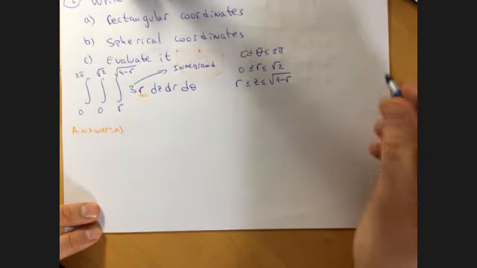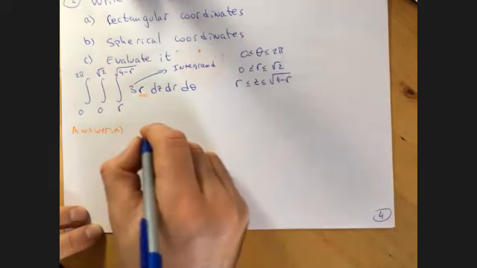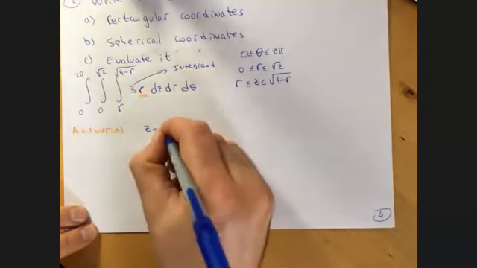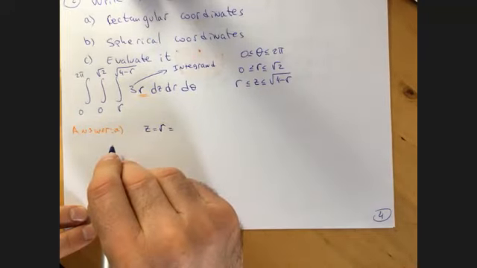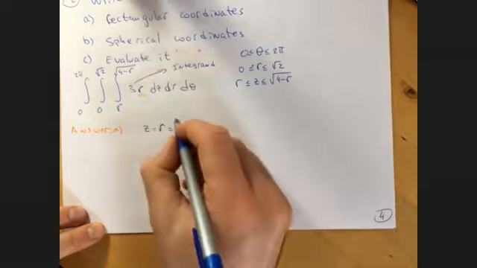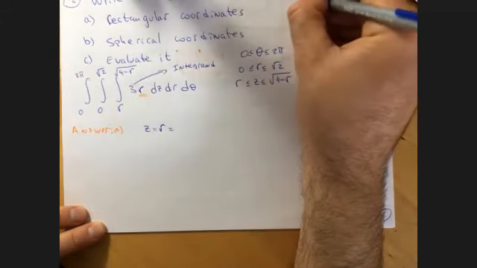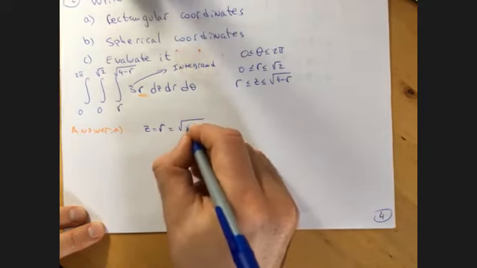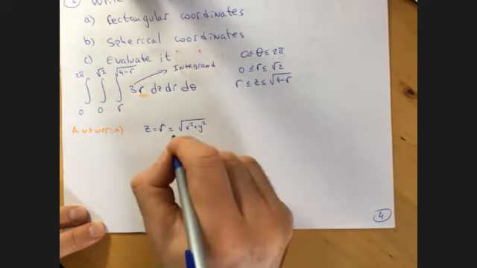So let's first see what z equal to r looks like. In rectangular coordinates, r squared is x squared plus y squared, which means r is the square root of x squared plus y squared.